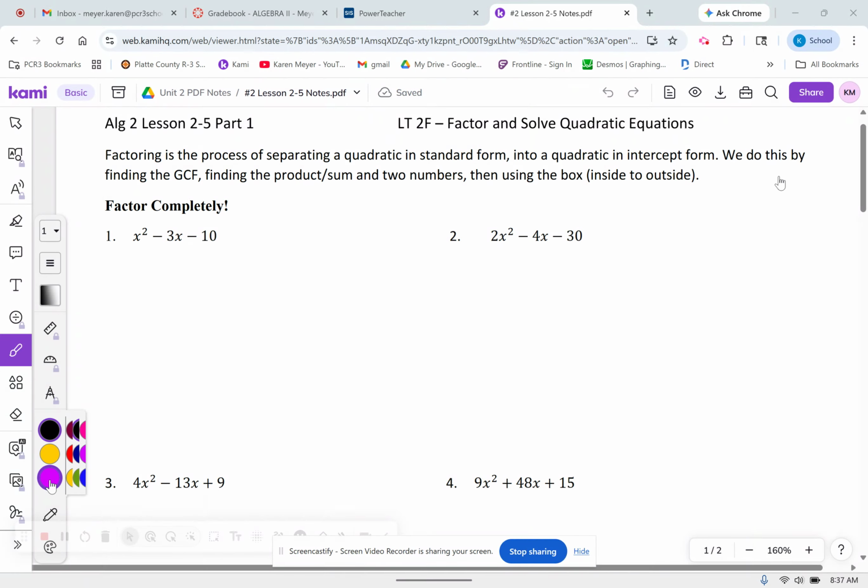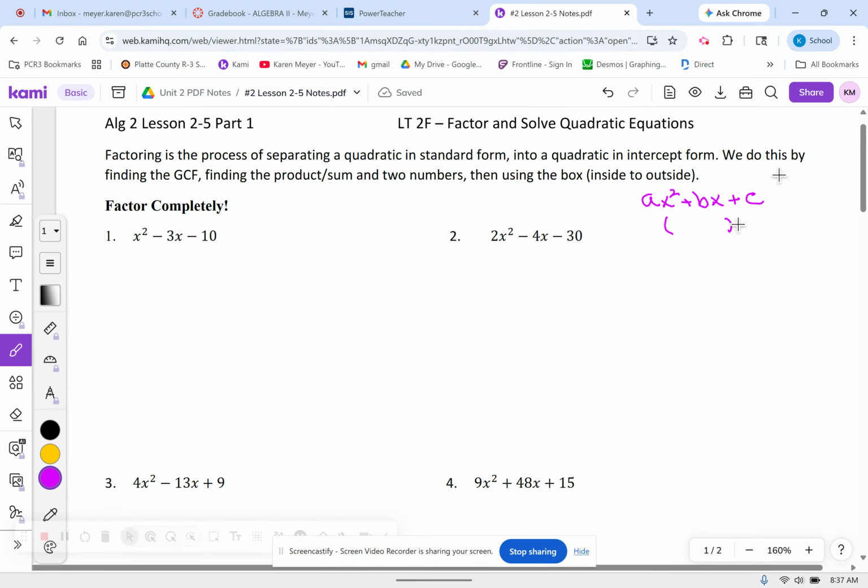Okay, so you don't have to write this part down. You can just kind of watch me off to the side here. Standard form, we talked about in the first half of the unit, looks like ax squared plus bx plus c. And we're going to take it into intercept form. And we talked about intercept form was where you had two sets of parentheses.